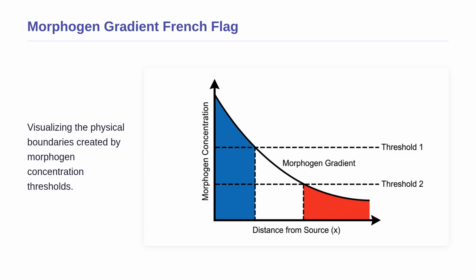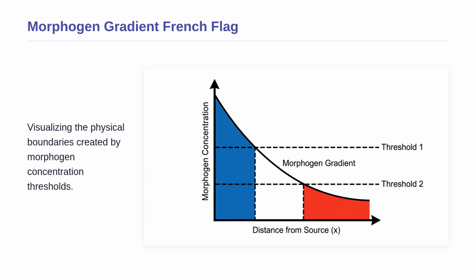Let us visualize everything we have just calculated. Here, you see the classic French flag model diagram. The vertical axis represents the morphogen concentration, and the horizontal axis is the distance from the source. Notice the solid black line curving downwards? This is the exponential decay gradient we modeled mathematically.